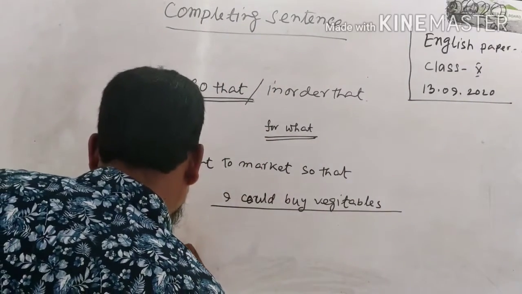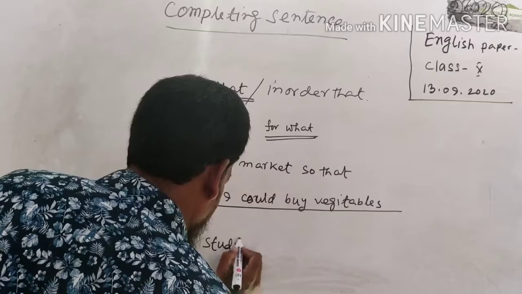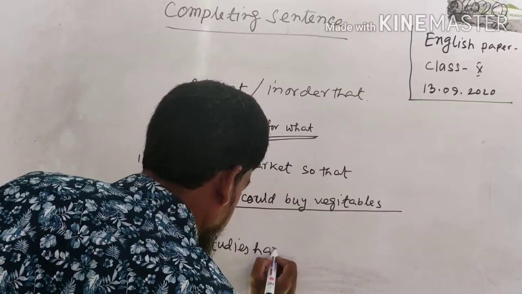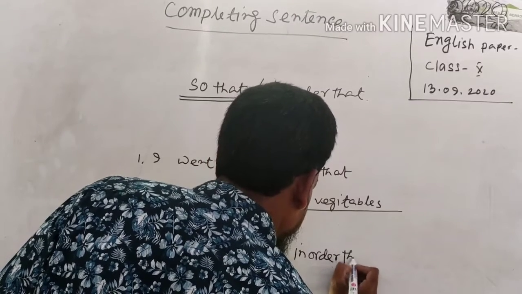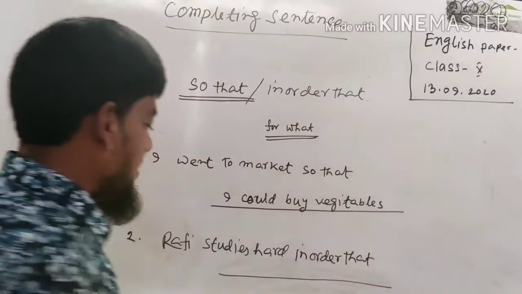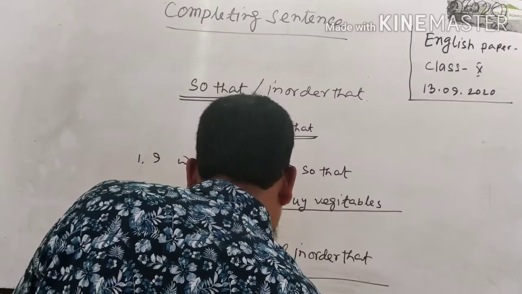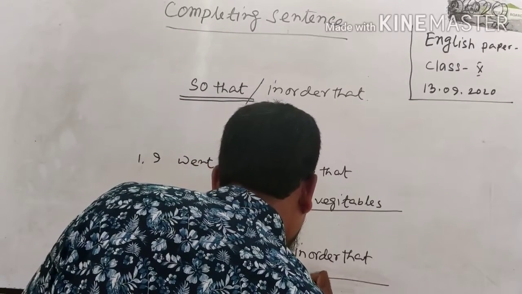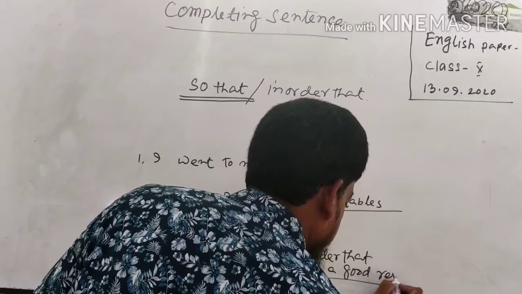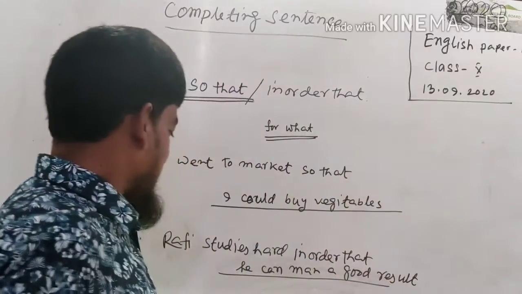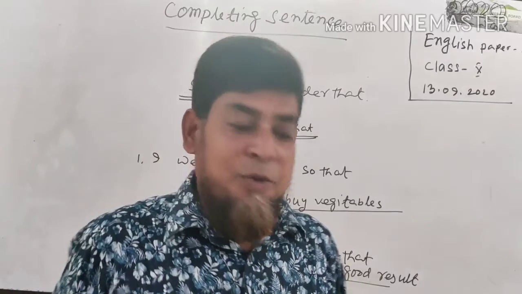Number two: Rafi studies hard in order that he can make a good result. Okay? Rafi studies hard in order that he can make a good result.